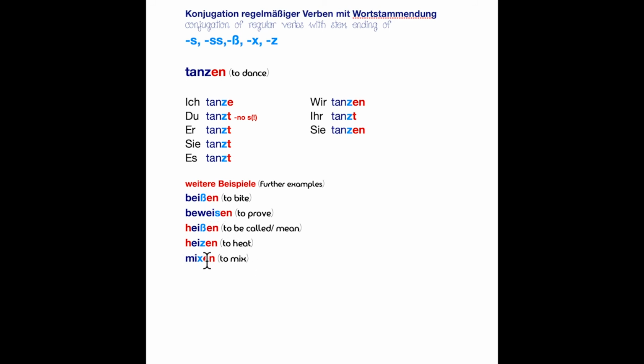So if you apply this rule to any of these words whose word stem is ending in that group of letters, you'll be perfectly fine. So if you want to practice, these are the words for you.